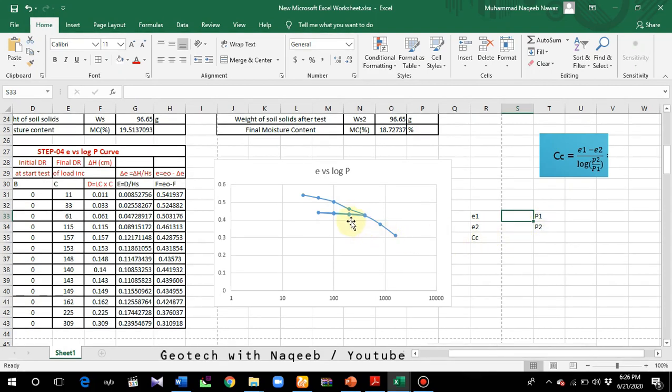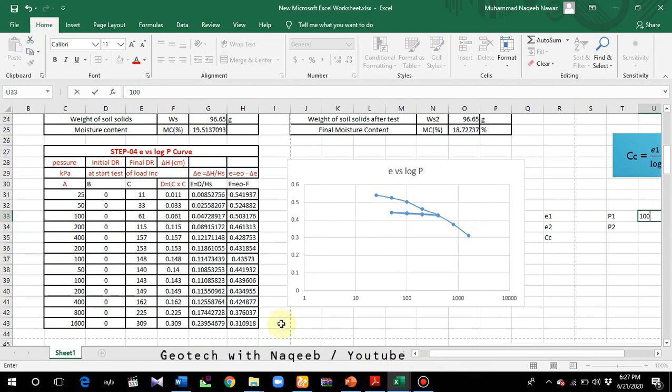So let's say I select this value, 100 kPa load, and against the 100 kPa load I will be selecting this void ratio. So this is basically against the 100, you can see this value, and the next step I will be selecting E2, this value. So basically the slope of this line I will have to find out. I will be selecting against the 200 compression part.